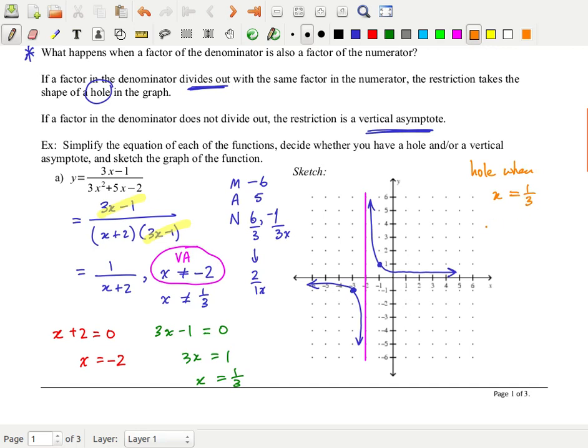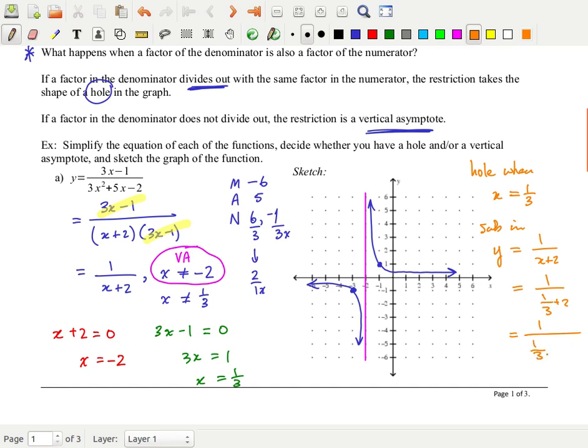So what I do is actually sub into the simplified expression, which is 1 over x plus 2. And so that's 1 over, and my x value, I'm going to put a third there, plus 2. Now, what is 1/3 plus 2?